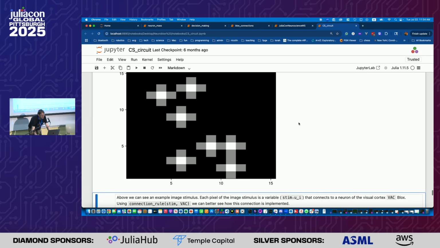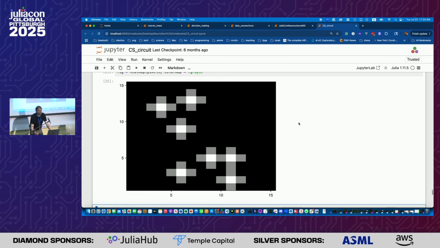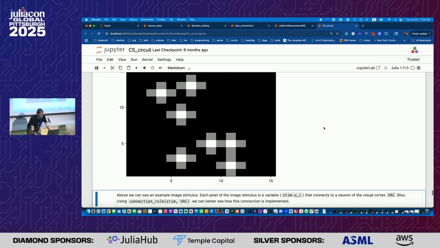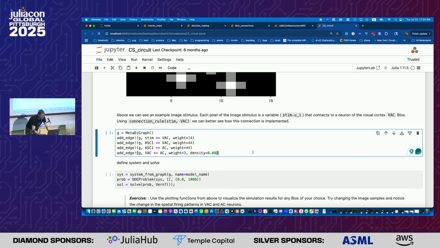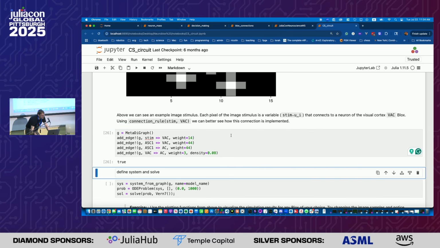So this is a pattern, right, that goes in, and these patterns just connect randomly to the neurons of the visual cortex, right? So they're projected essentially onto the visual cortex, and the visual cortex has to figure out itself what to do with this. So there's no pre-learning in the system. And then we assemble everything into a graph.